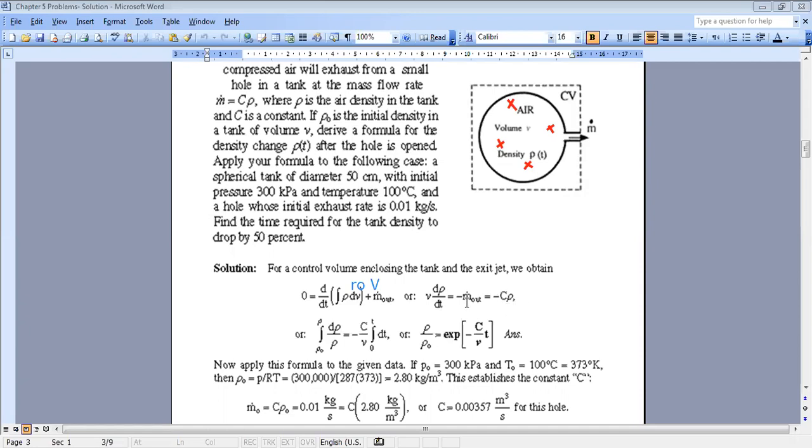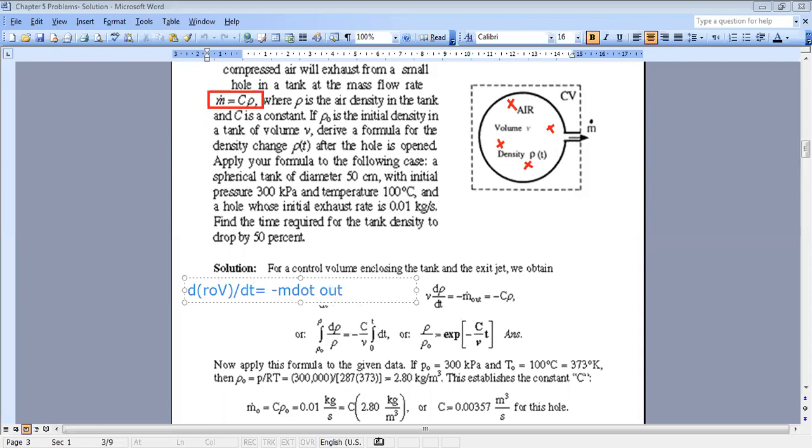What is m dot out? Look, m dot out is given as a function of rho: m dot out is equal to c times rho. From the continuity relation, the derivative of rho times volume over time is equal to minus m dot out.